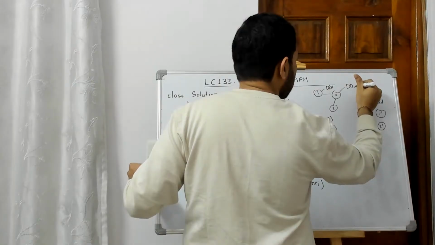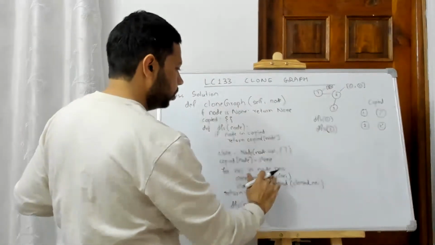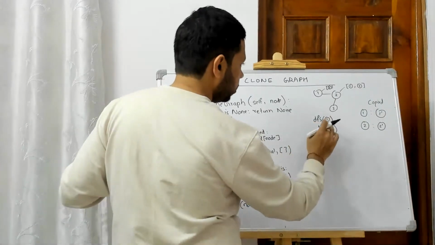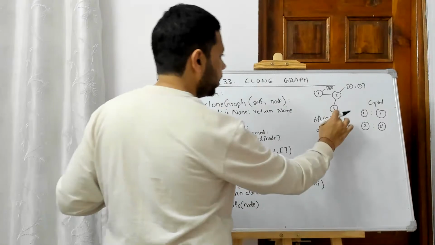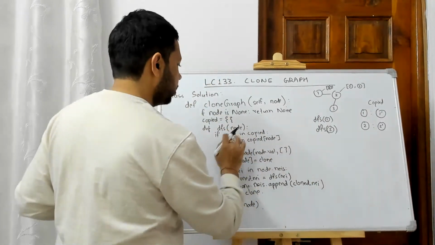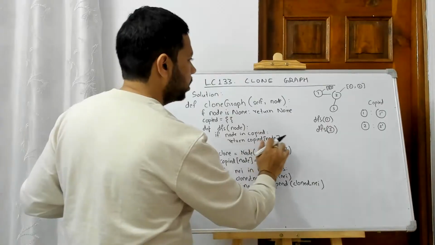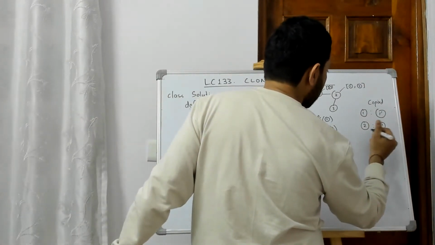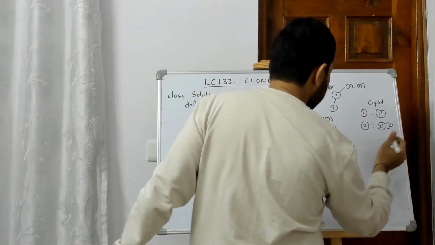Neighbors of 2 are 1 and 3. So you'll first go to the neighbor of 2, which is 1. You'll go to the DFS of 1. Node is in copied, 1 is in copied, so you just return 1 dash. So 2 will have 1 dash as its neighbor.